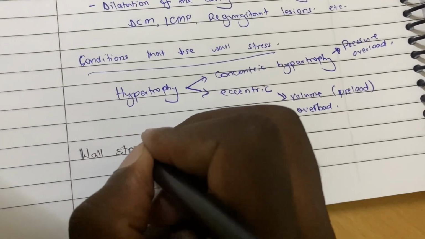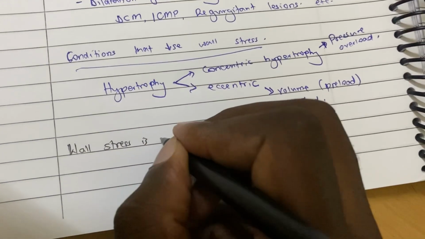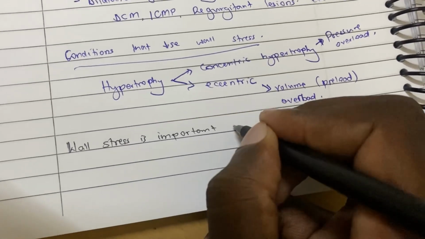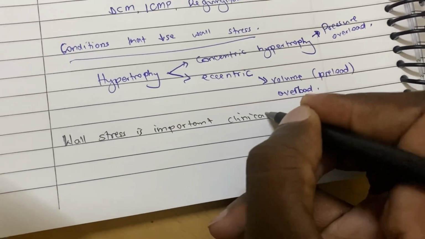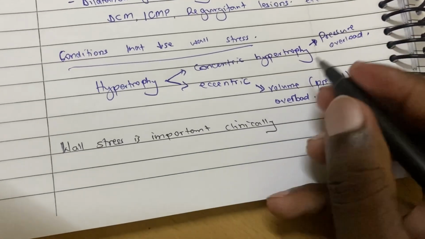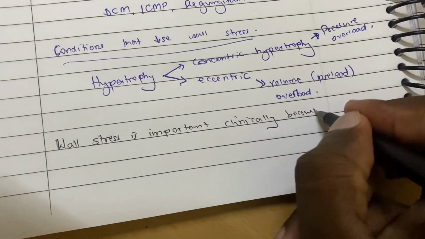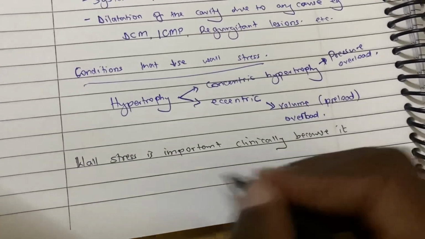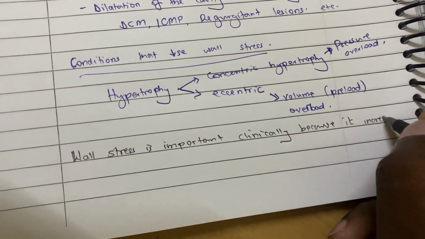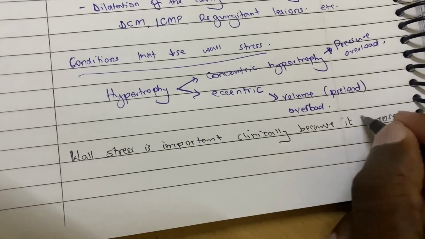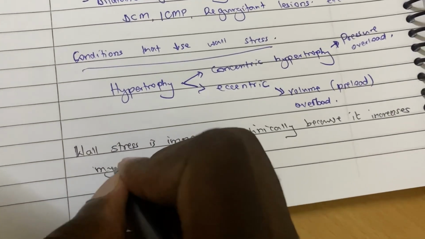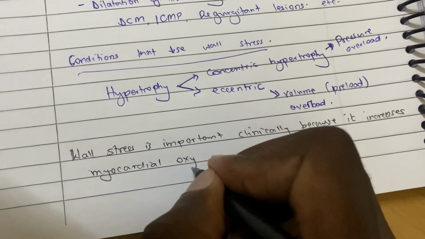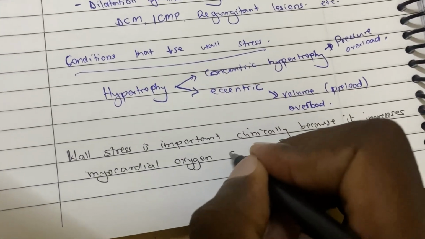Wall stress is important clinically because it increases myocardial oxygen consumption.